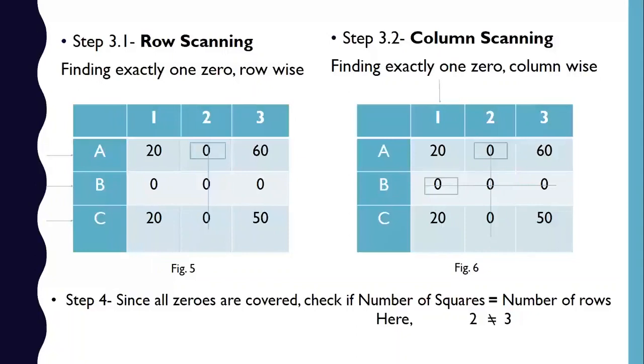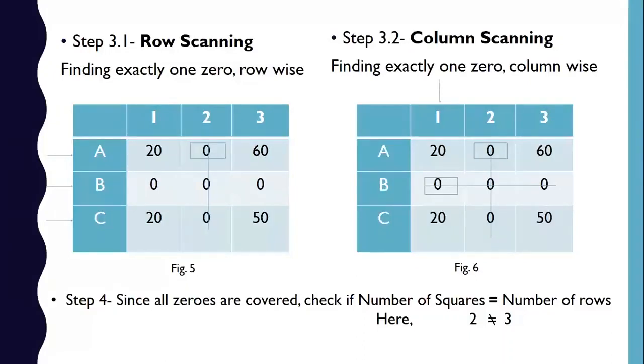Now we go to row B and see that no, there are 2 zeros present, so we do not take that row into consideration. When we go to row C, we see that there was 1 zero present, but it has already been struck off because of row A, thus giving rise to figure 5.